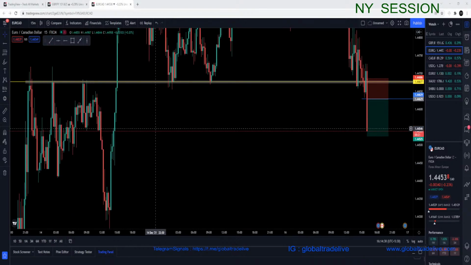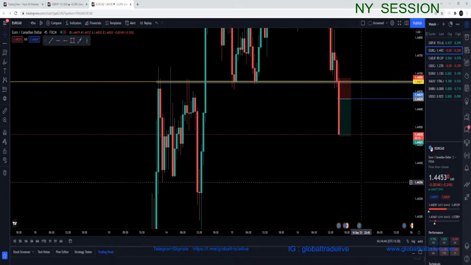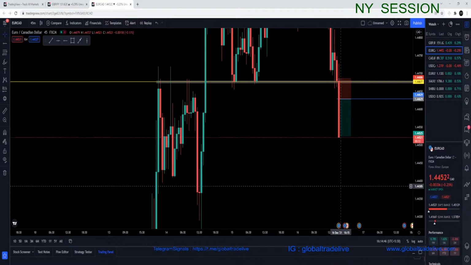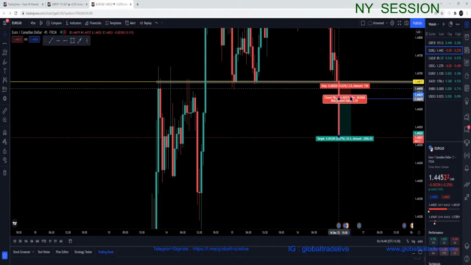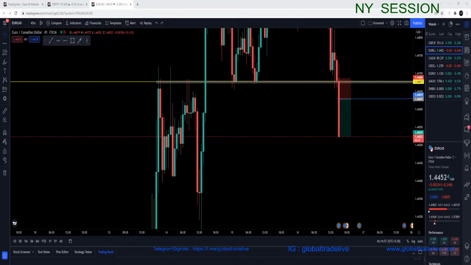So by looking at this clean range, I really think that it will be coming all the way down from here. So 10 pips tapped, keeping my stops at break even, not at break even actually, not yet, at the same level it was right now.